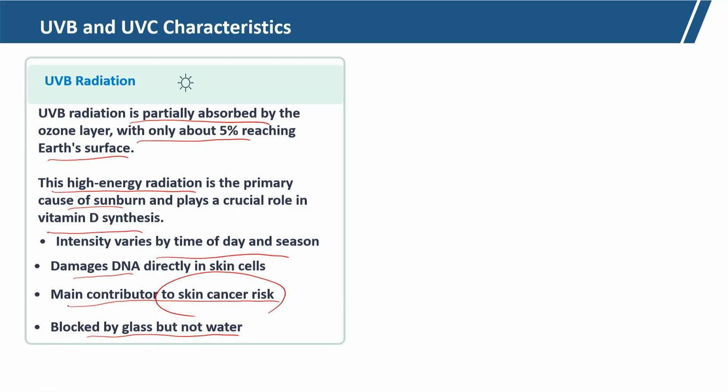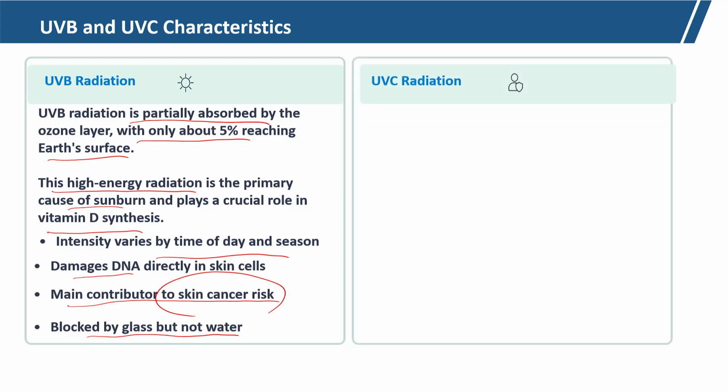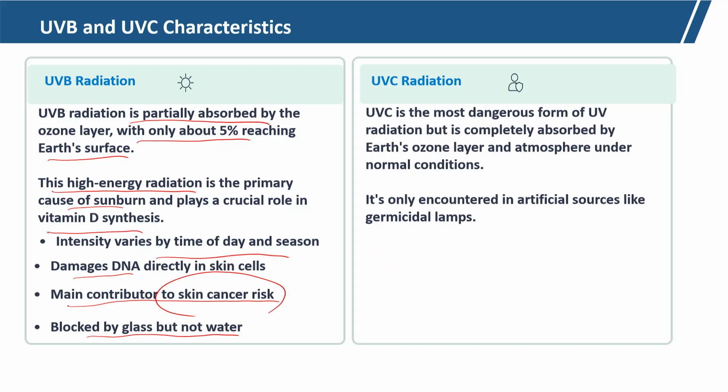Now, the most dangerous is the UVC radiation. It is the most dangerous form of UV radiation, but the good thing is that it is absorbed 100% by the ozone layer when coming from the sun.